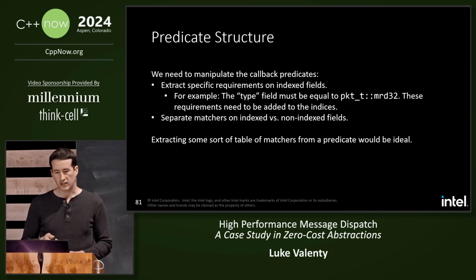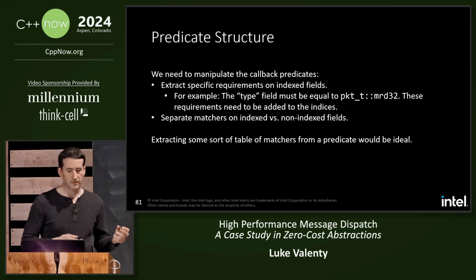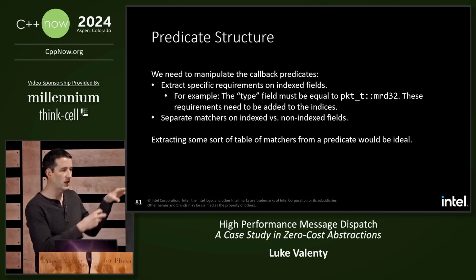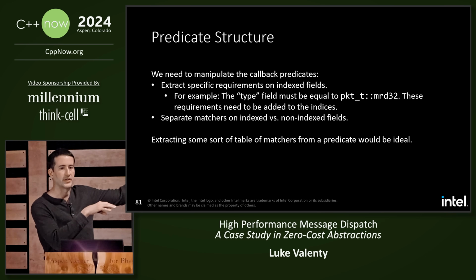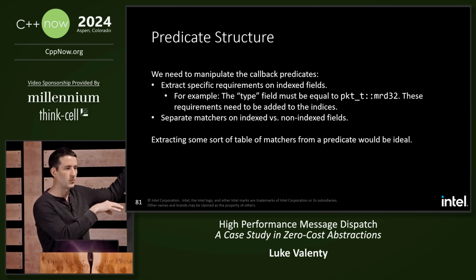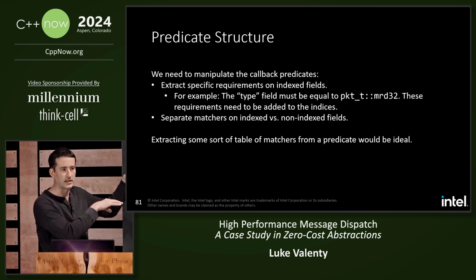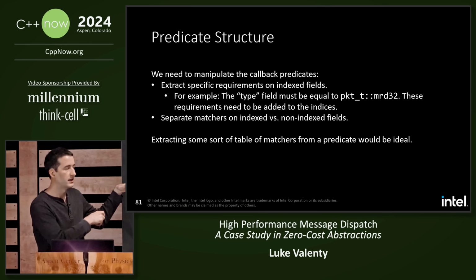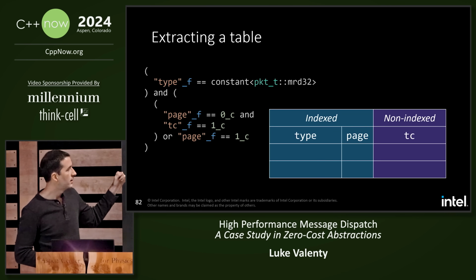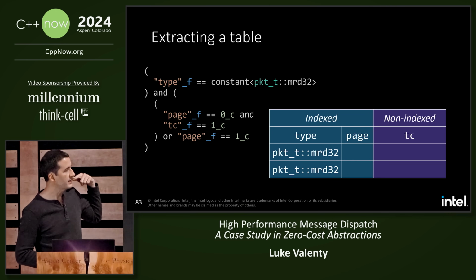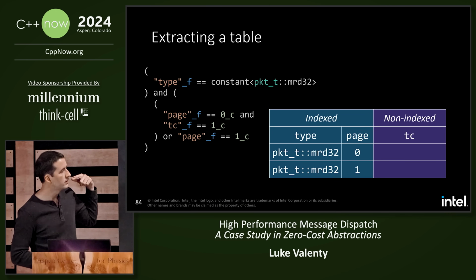But our predicate structure needs to be manipulated a bit, because we have this arbitrary Boolean expression, and now I need to extract what specific values it is expecting on specific fields, right? I know how to do that, working through it.